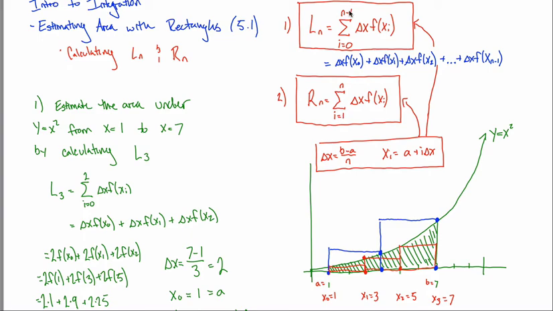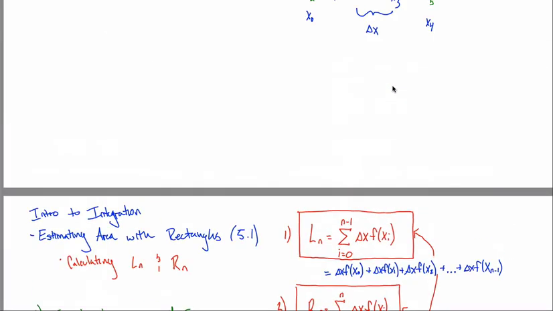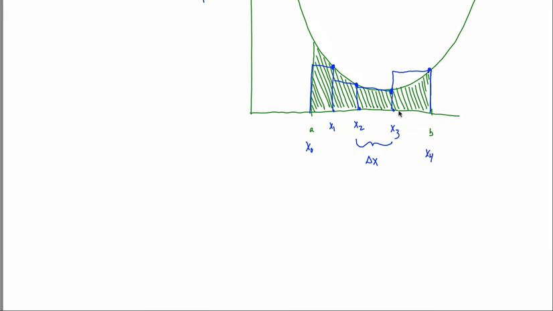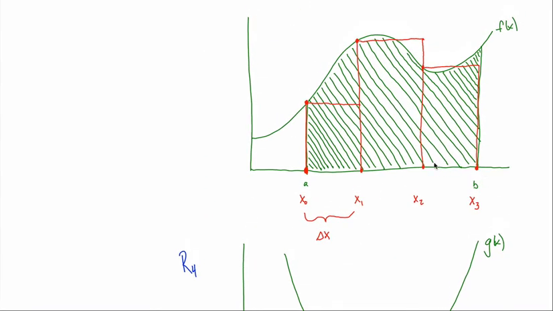Instead of stopping 1 less than n, I'm going to stop at n, because for the last rectangle here, I want the height to be based upon, in this picture, x4, right? It's right endpoint. Whereas in this picture where I had left endpoints, the height wasn't based on this last x value, x3 in this case. It was based on x2, so I stopped 1 short.